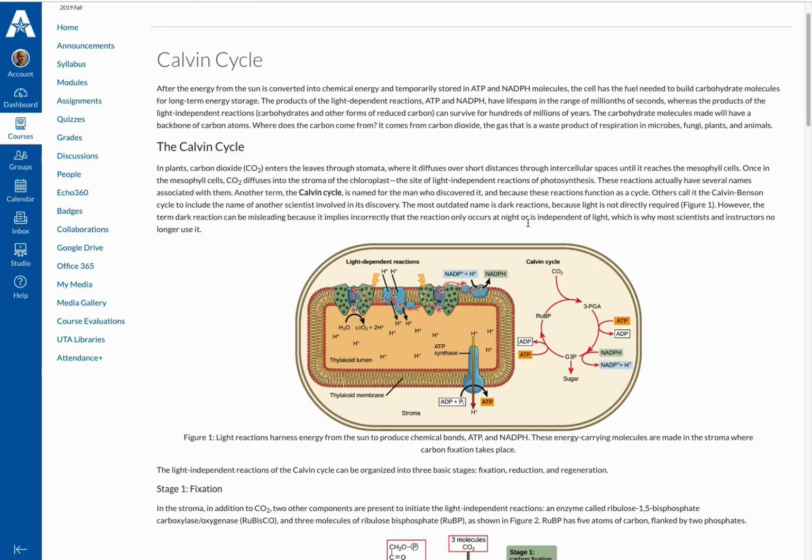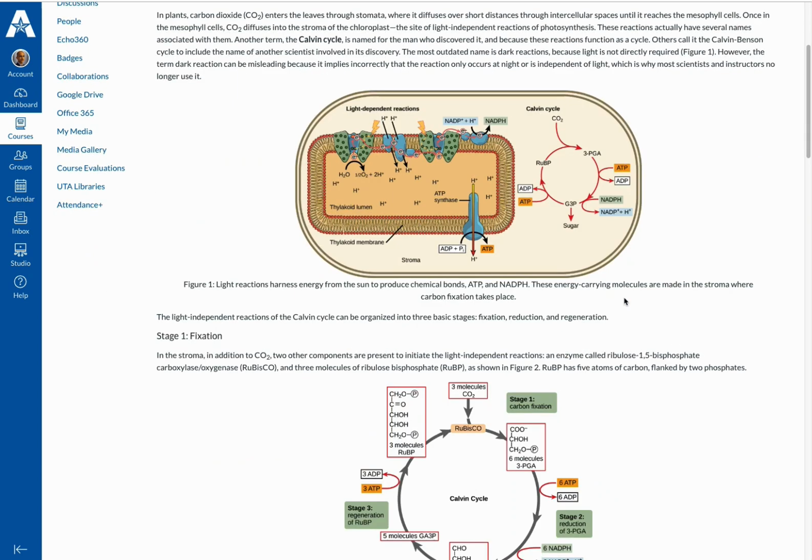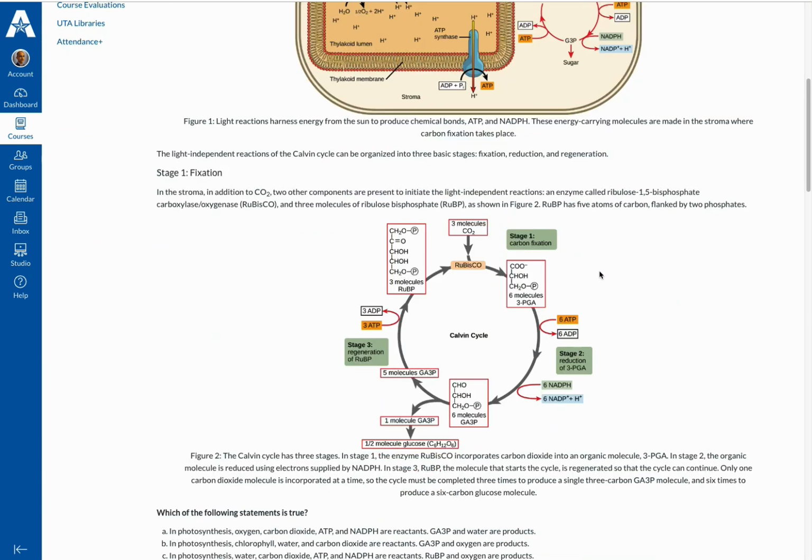Okay, so now that we have all that ATP and NADPH, what do we do with it? Well, it goes to the Calvin cycle, which takes place in the stroma of the chloroplast. So this is basically what it looks like. We take atmospheric carbon dioxide, and we start with a molecule called ribulose bisphosphate.